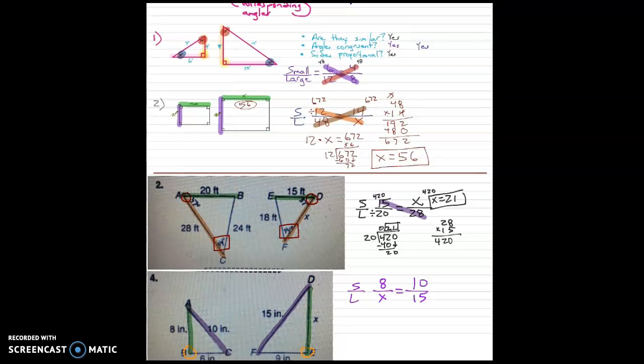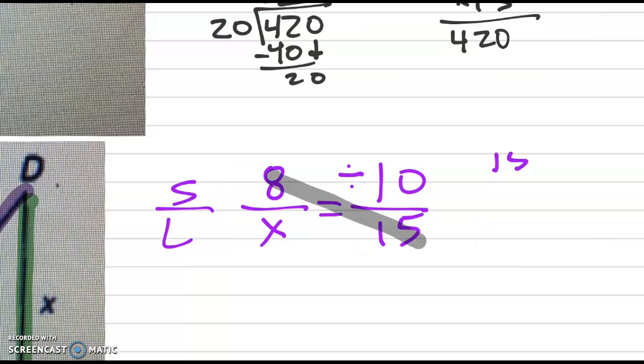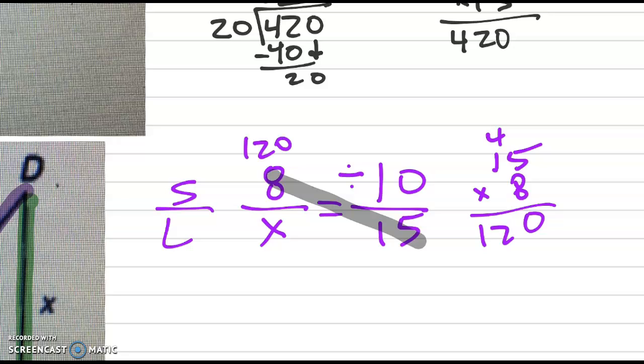Okay? Alright, so now let's just do our proportion work. No big deal, right? We got 15 times 8, multiply what you can, then divide by what's left. 15 times 8 is 120. So 10 times x has to equal 120, or 120 divided by 10 equals x.